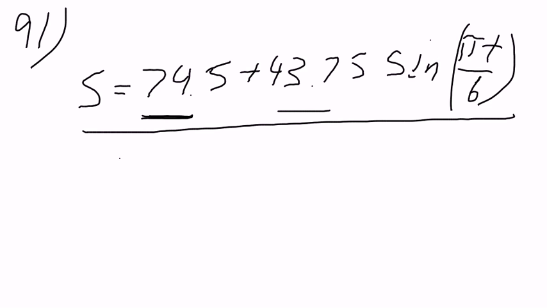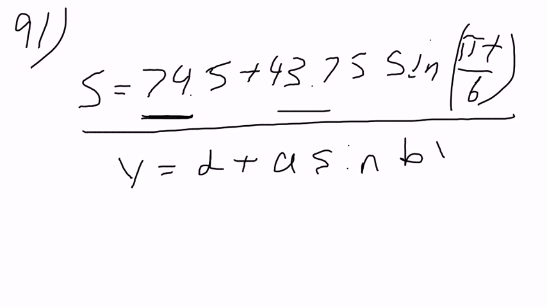Well, if we remember, we had y equals d plus a sine b x minus c. D was the elevator up and down. A was, I guess that maybe would be more like this.